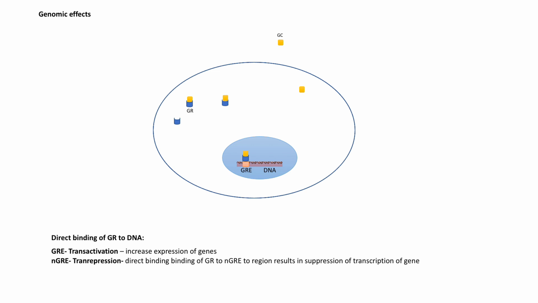This is called transactivation. And like GRE, there are other sites on DNA that are called negative GRE or NGRE. And when glucocorticoid receptors bind to these sites, it suppresses transcription of genes. And this is called transrepression.